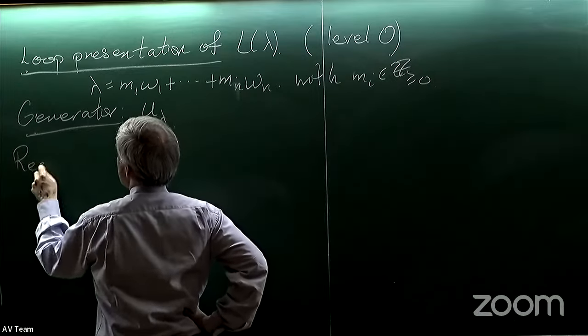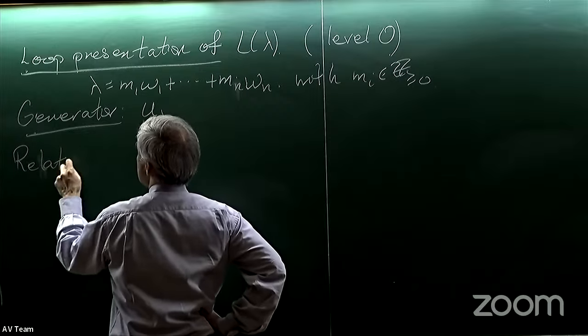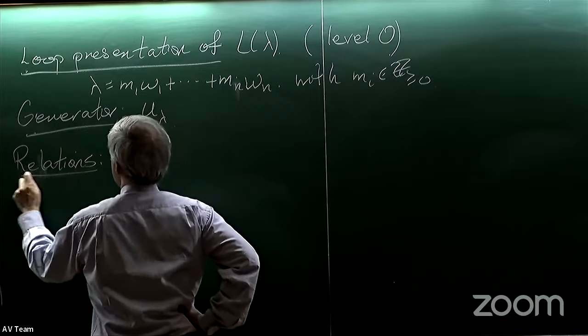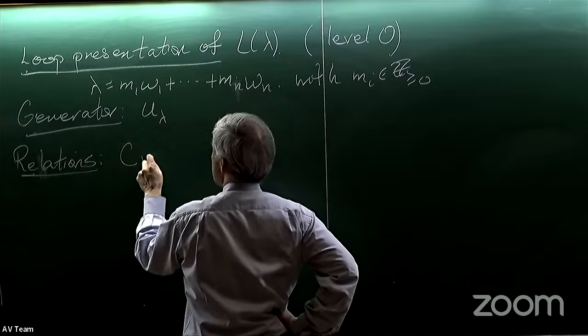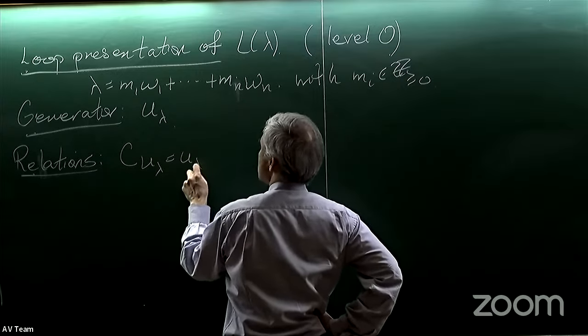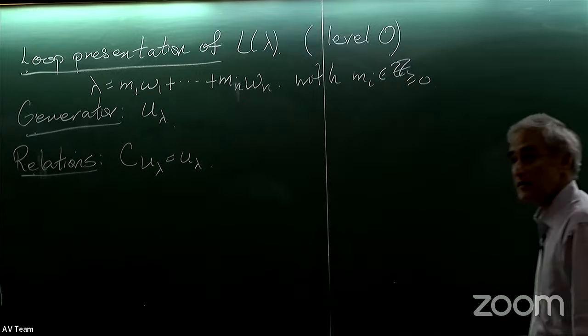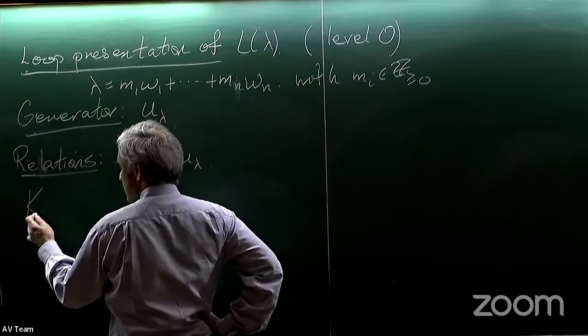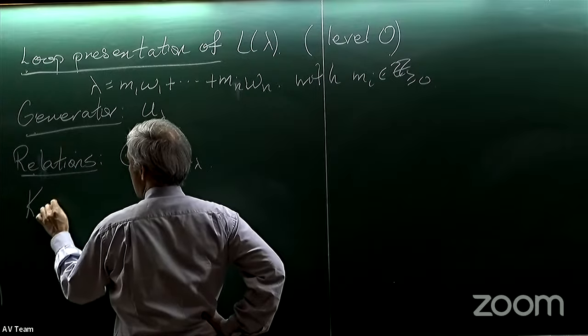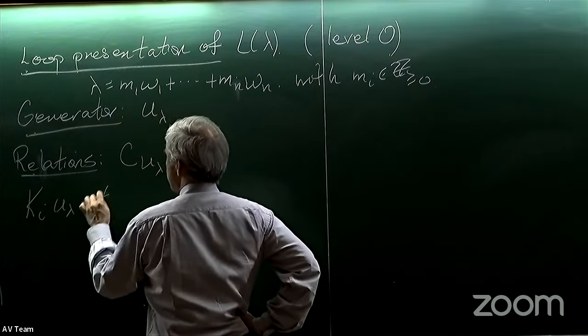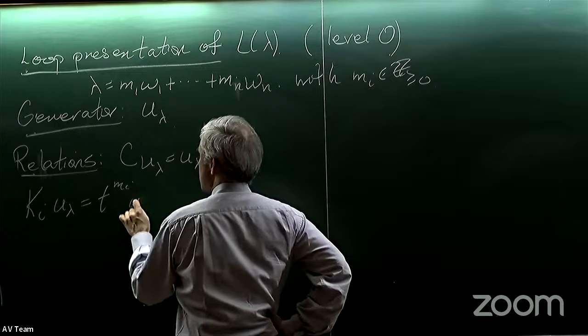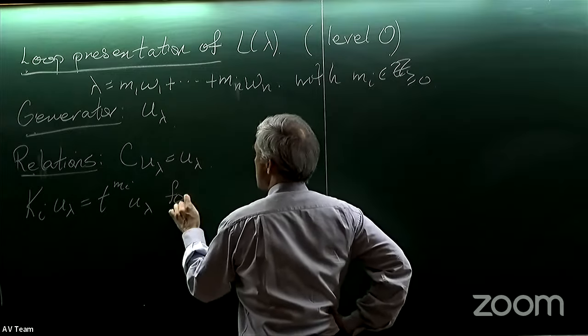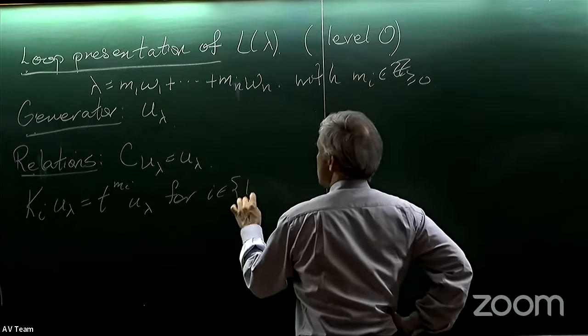And the relations, well, okay, we must put that it's level 0. C u_lambda is u_lambda. That means the central element acts by the identity. And I'm going to make it a weight vector. So K_i u_lambda is t to the m_i u_lambda, for i in 1 through n.